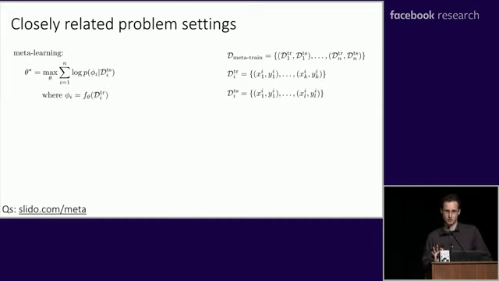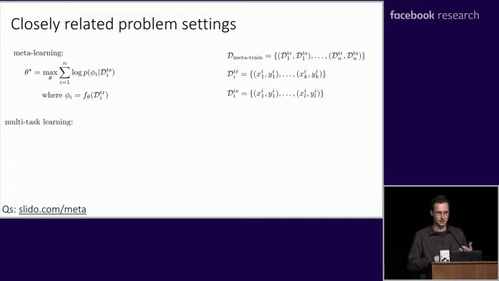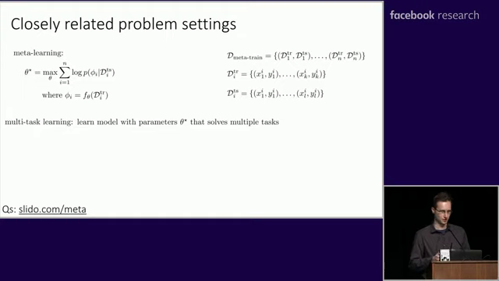Okay, now just to wrap up, a few closely related problem settings that are good to be aware of. And this is coming back to that question about transfer learning from before. So meta-learning is closely related to a few other things that we can actually cast as within the same terminology. Multitask learning deals with the problem of learning a model with parameters theta star that immediately solve multiple tasks. So you can think of multitask learning as sort of zero-shot meta-learning.